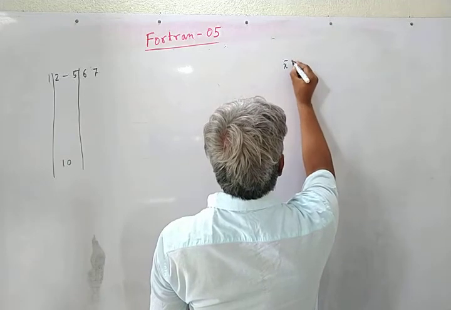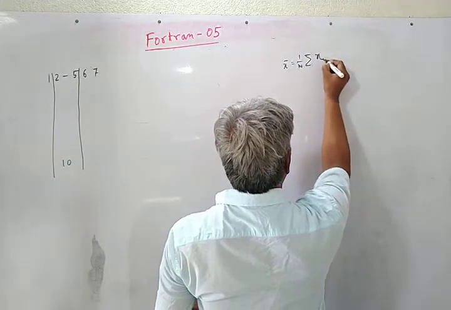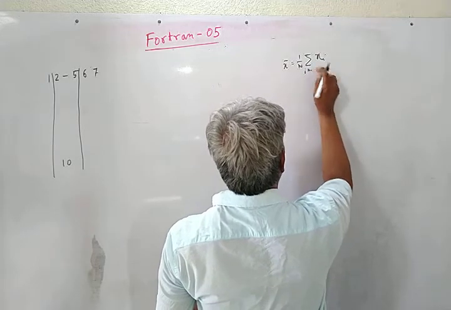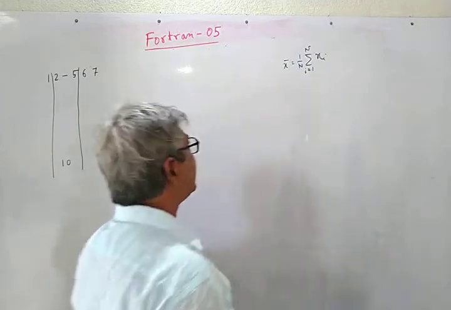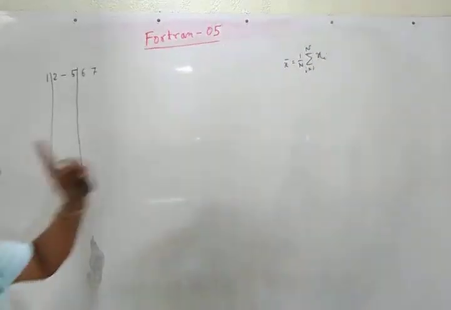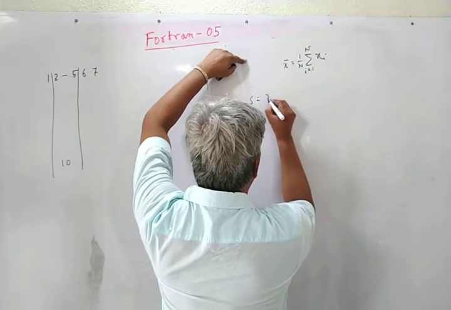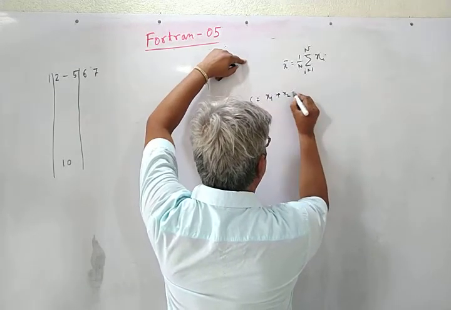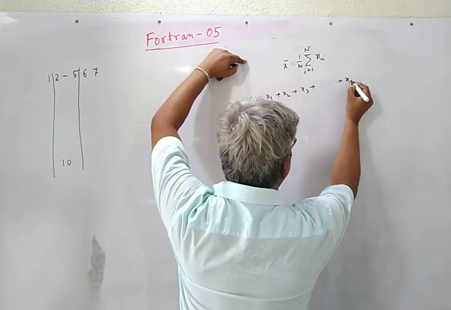Arithmetic mean is defined, when the data is not weighted, as the sum over I equal to 1 to n. So we know how to read the data. Now the next thing is to find out the sum. The sum is actually x1 plus x2 plus x3 up to xn.